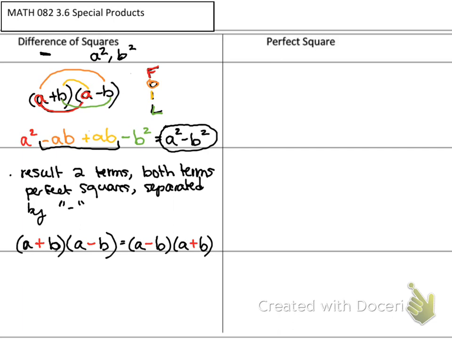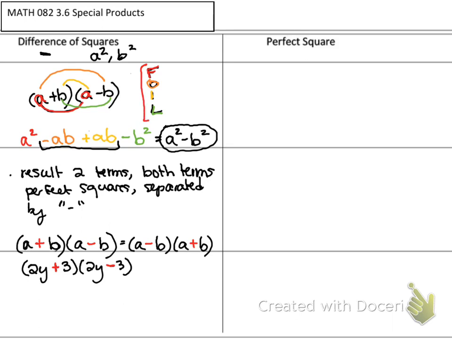So let's look at an example that you might see of difference of squares. So let's look at (2y + 3) times (2y - 3). So already I can recognize that we have a difference of squares because when I look at these terms, the only difference is the change in the sign. As you go through, if you want, you can do the FOIL. You can do first, outer, inner, last.